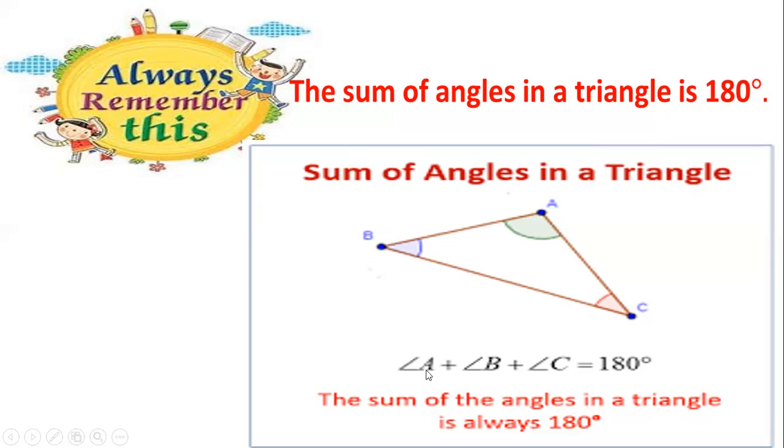So the measure of angle A plus the measure of angle B plus the measure of angle C should always be 180 degrees. So please never forget this sentence. The sum of angles in a triangle is always 180 degrees.